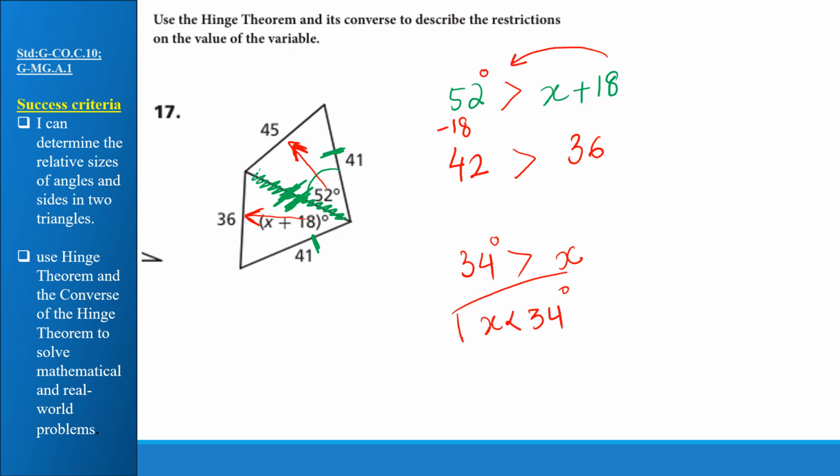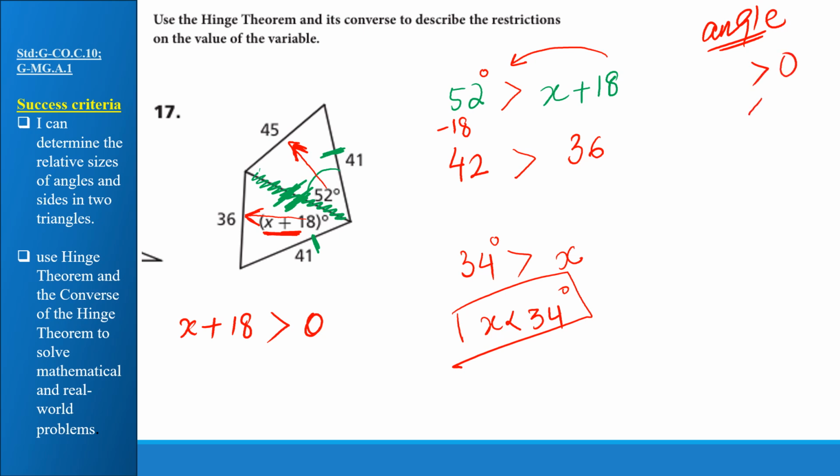So x should be less than 34. Since we are talking about angles, we must say that this angle x plus 18 should be bigger than 0. Because while comparing the angles, I told you before that it should be bigger than 0 and less than 180 degrees.